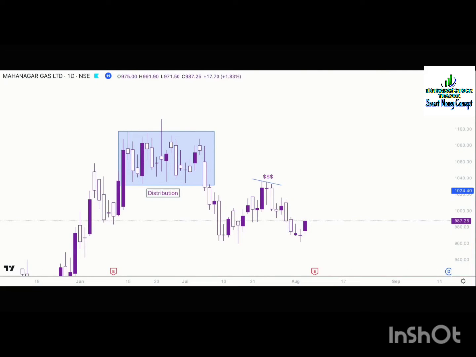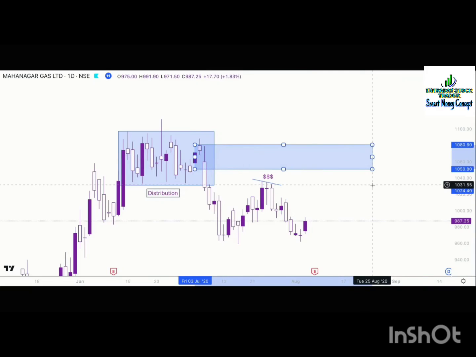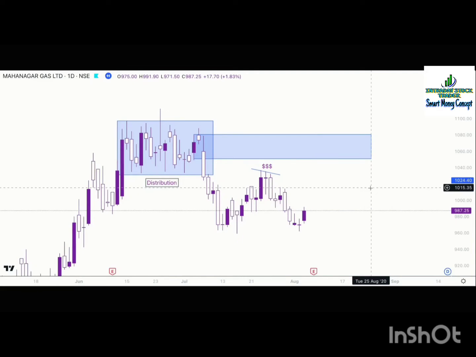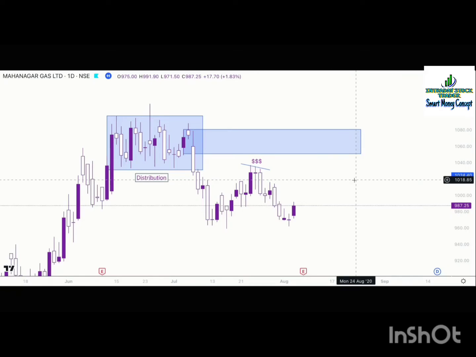And then you see here in this area of supply that there is an order block, which I will cover in the next videos, along with how to detect order blocks and what the confluences are. Here I am just showing you how an SMC trader plays their trades and wins most of the time with a high risk reward ratio.